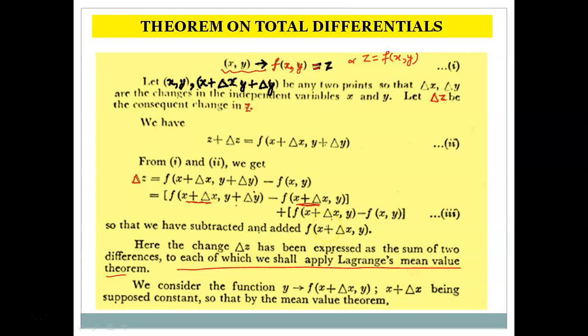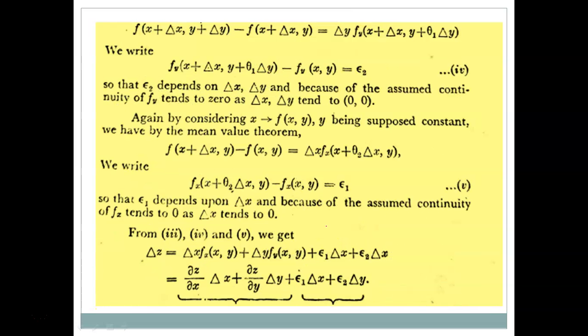So accordingly, if we modify equation 3 in view of Lagrange's mean value theorem, the first part gives us this expression, where theta 1 lies between 0 and 1. We write f_y(x plus delta x, y plus theta 1 delta y) minus f_y(x, y) equals epsilon 2, so epsilon 2 depends on delta x and delta y.